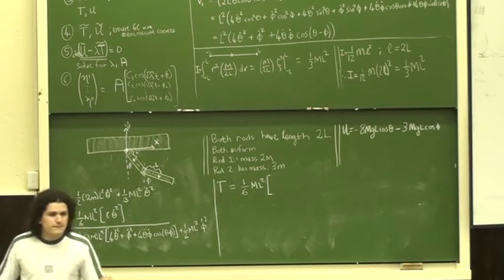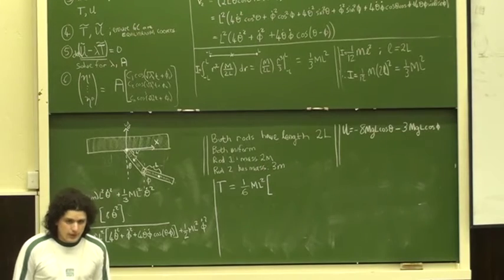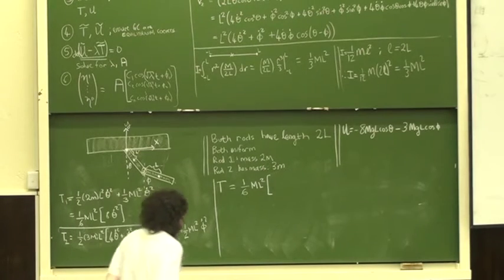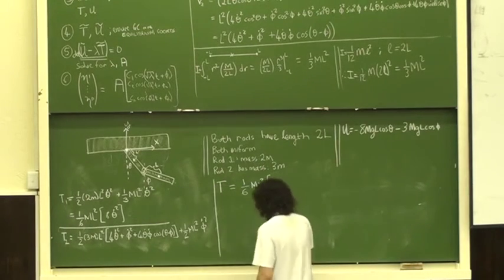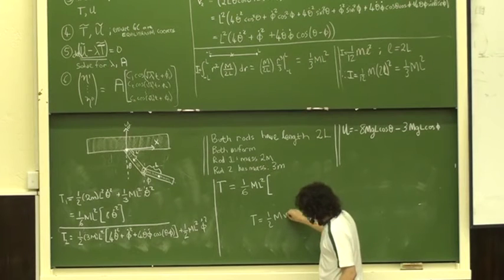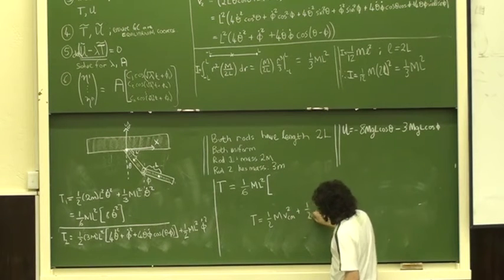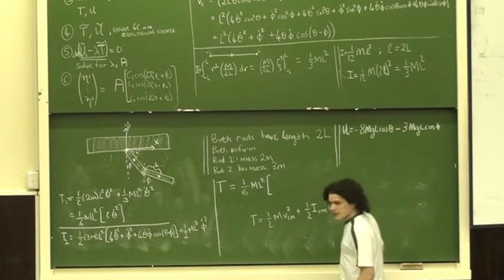Can you please explain why we should calculate that at the same time? Okay. There is a result which looks like kinetic energy equals a half times the mass of the object times the velocity of the center of mass squared, plus a half times the inertia of the object about the center of mass times omega squared.